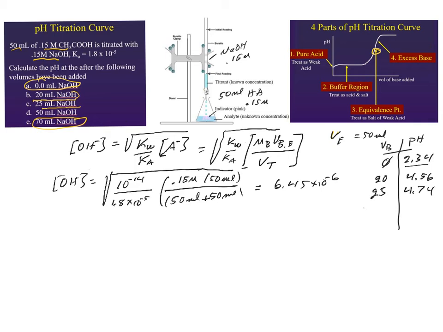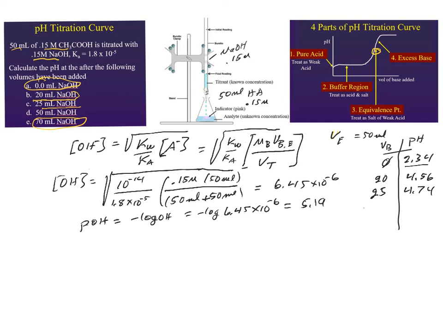Now, I find it easiest just to solve for pOH when I'm in a salt region and then at the end convert it to pH. You could solve this any way you want. So pOH equals minus the log of OH, which equals minus the log of 6.45 times 10 to the minus 6, which is equal to 5.19.